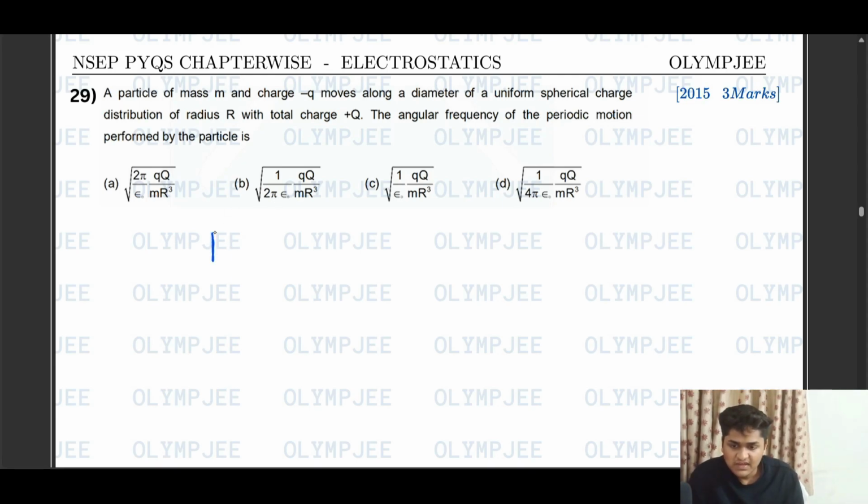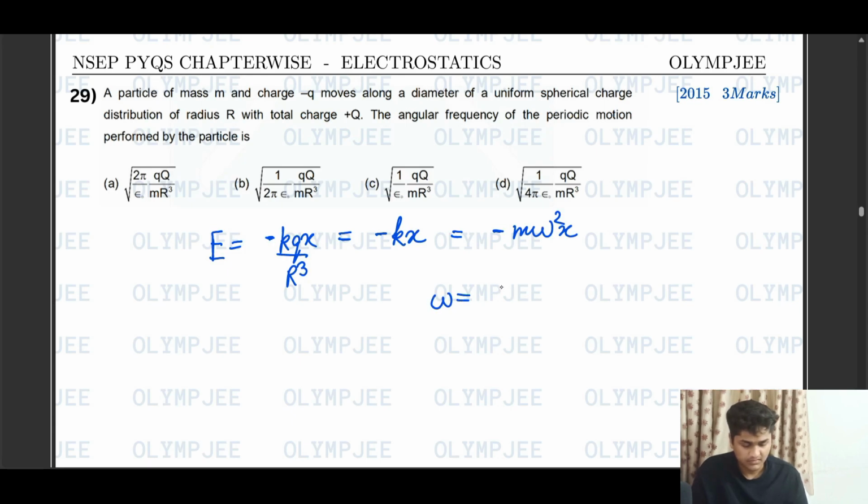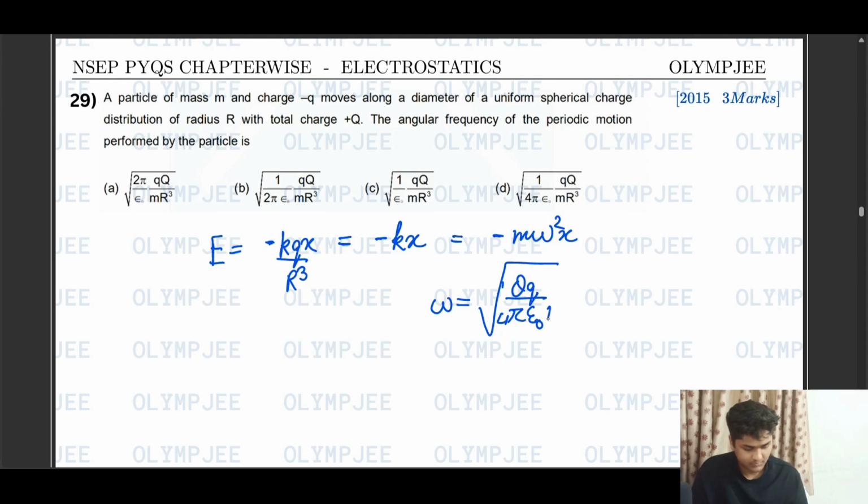So we know that the field inside the uniform spherical charge is given as, right, and since this is the restoring force, so there will be minus charge, and this can be written as minus kx, and k is given by m omega square, so omega will be given as, there will be q also because we are writing the force. So the answer is option D.